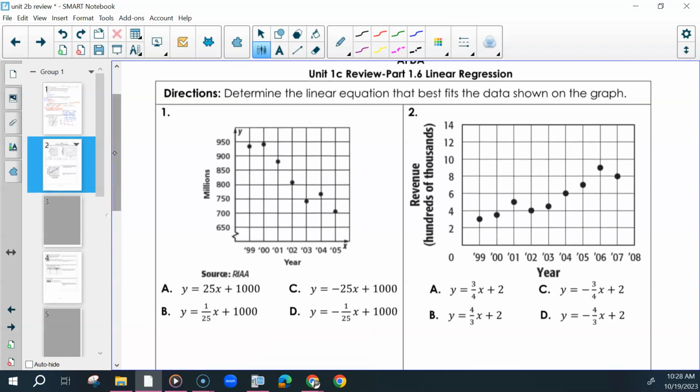Any questions like this? If it gives you a graph, this is one where you would graph these to see which one fits best. Let's eliminate some. Is this in a positive or a negative direction? Positive. So we can get rid of the negatives. Okay. Let's graph these two and see which one fits best.